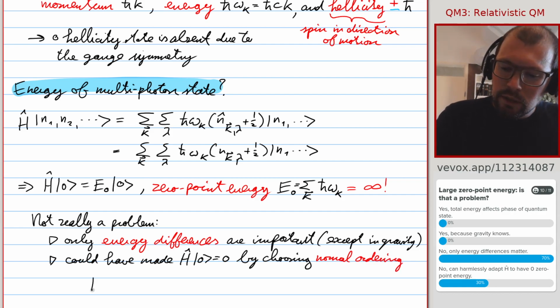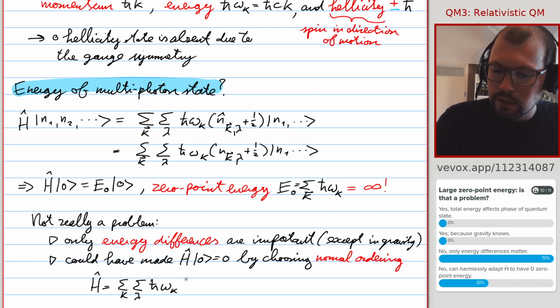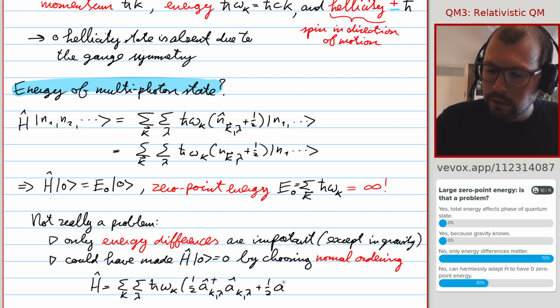So what does that mean? Well, that means that you look at your operator that we have in terms of the creation and annihilation operators, which you have shown in the exercise class is really this form.